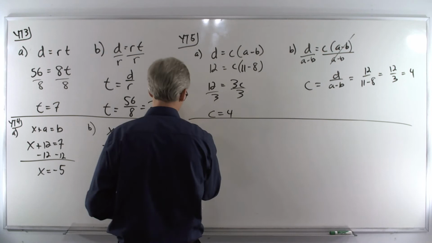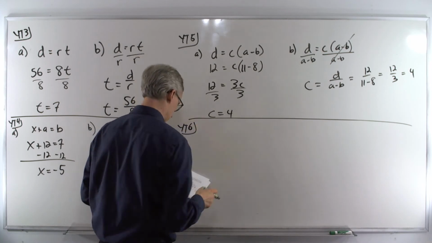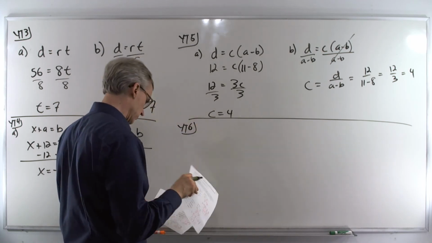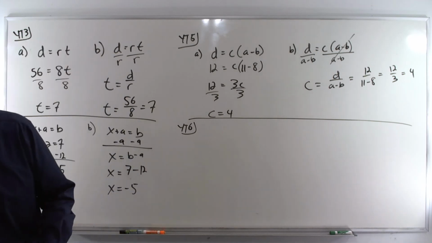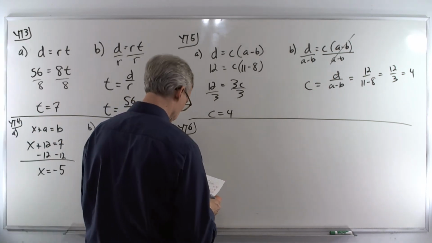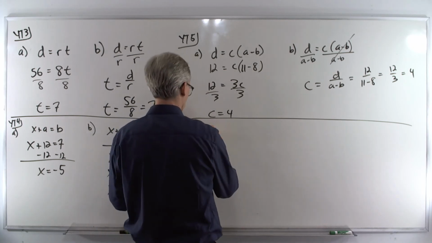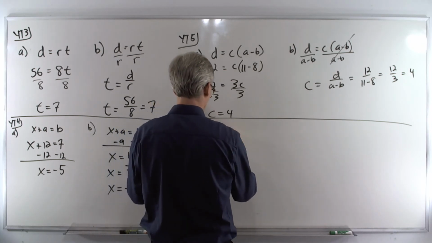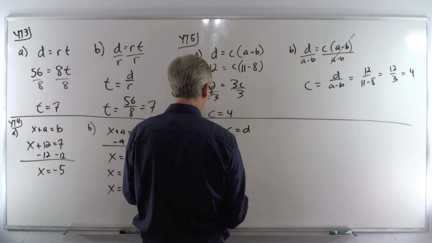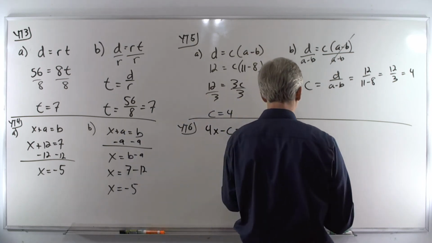Your turn, number 6. 4x minus c equals d.